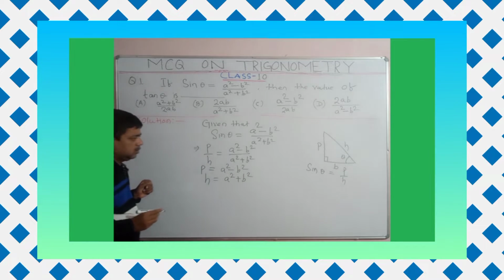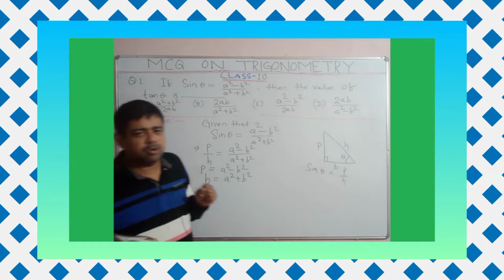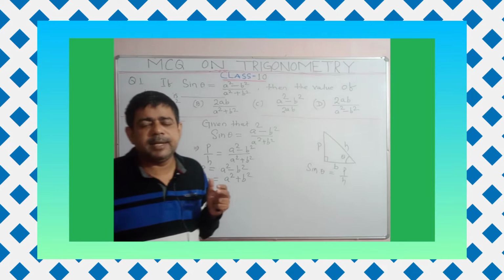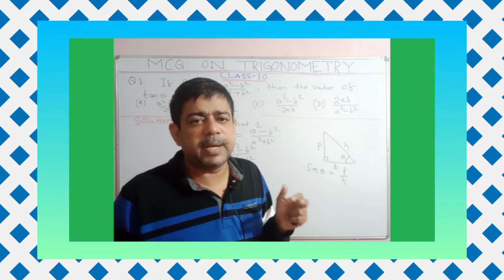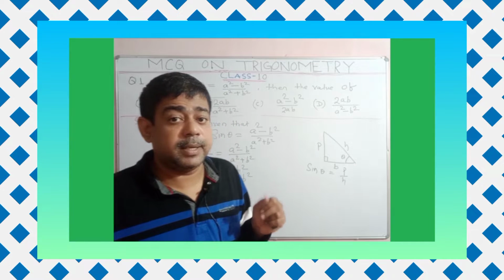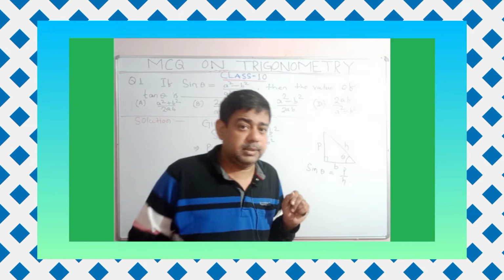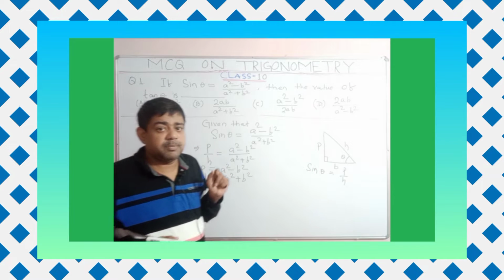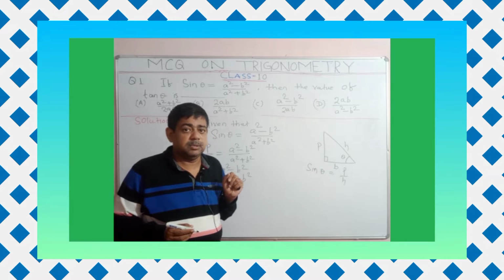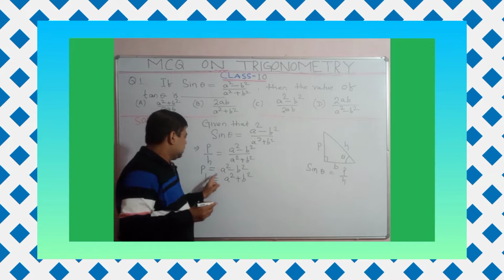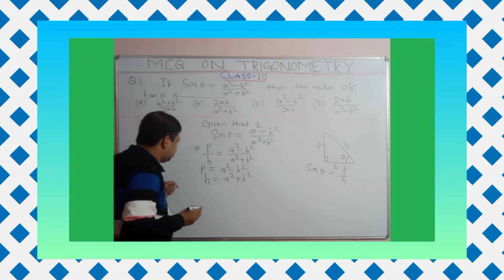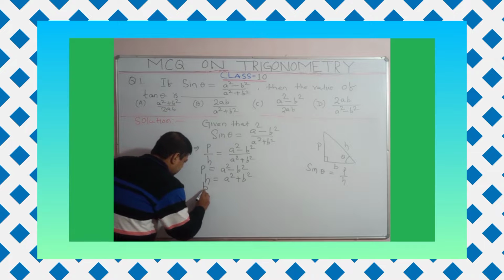Understand? All of you know, if you are finding any trigonometric ratio and two sides are given, you have to find the third side of the right angle triangle with respect to the acute angle using the concept of Pythagoras theorem. Yes or no? So your perpendicular is given, the hypotenuse is given, so you have to find the base, which stands for the adjacent side.